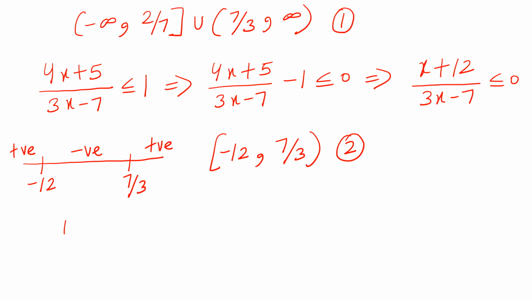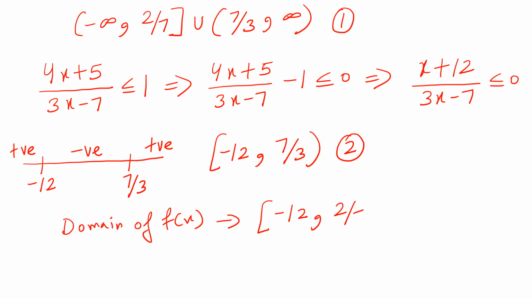Now students, the domain of f of x is the intersection of these two intervals, and that is closed interval minus 12 to 2 by 7. So that means alpha is equal to minus 12 and beta is equal to 2 by 7.